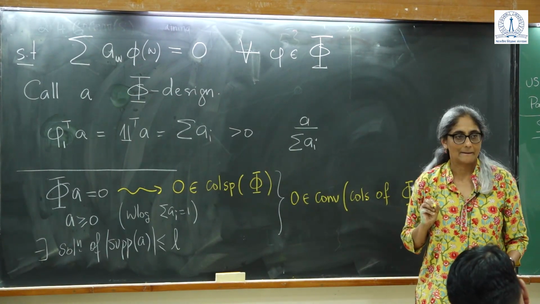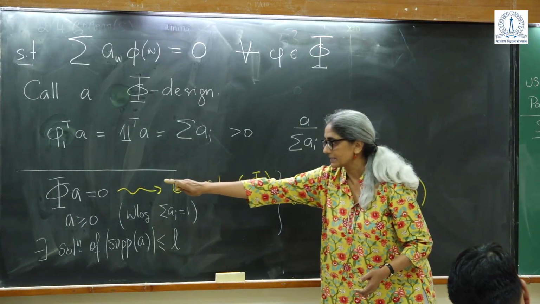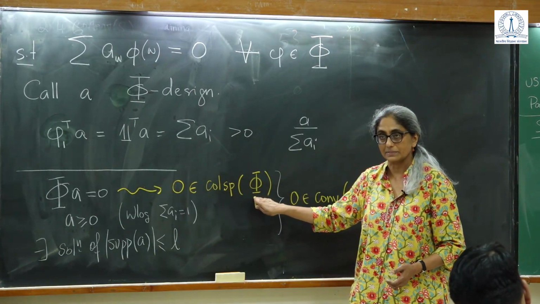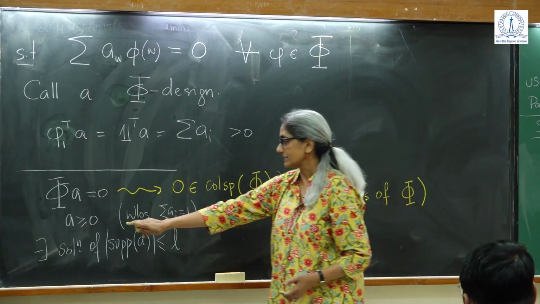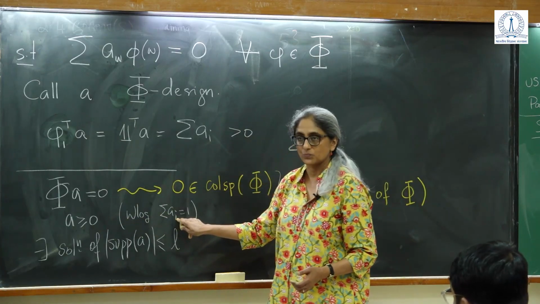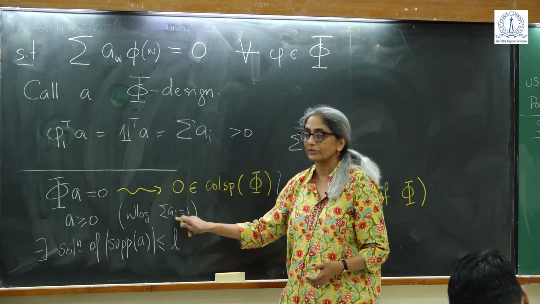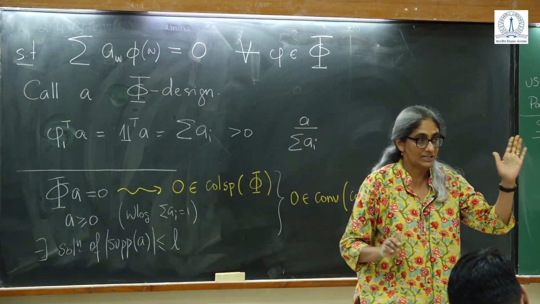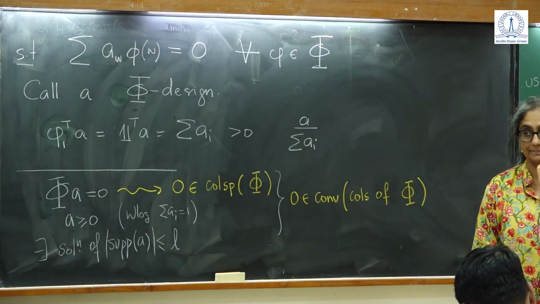Do you agree with this? So the first piece is just telling you 0 lies in the column space of phi, but A is non-negative and the sum of the AIs is 1.